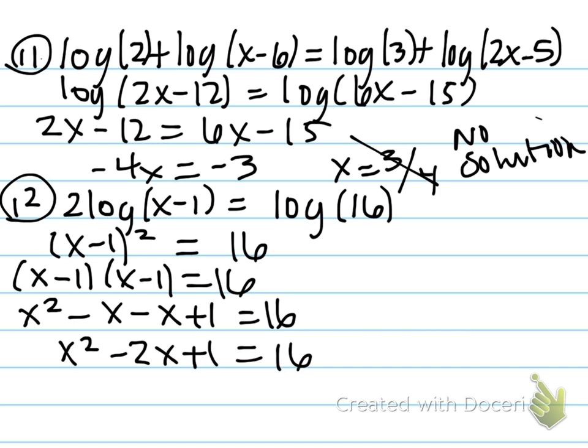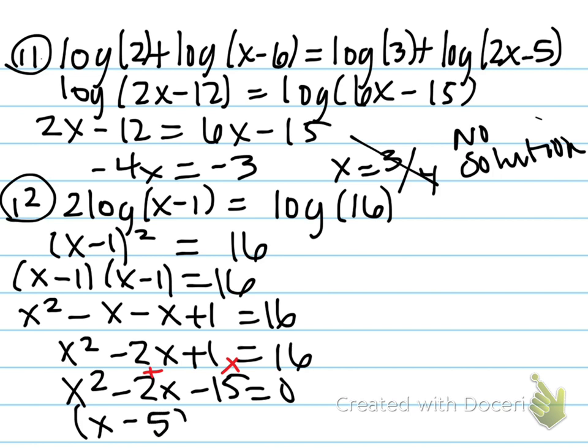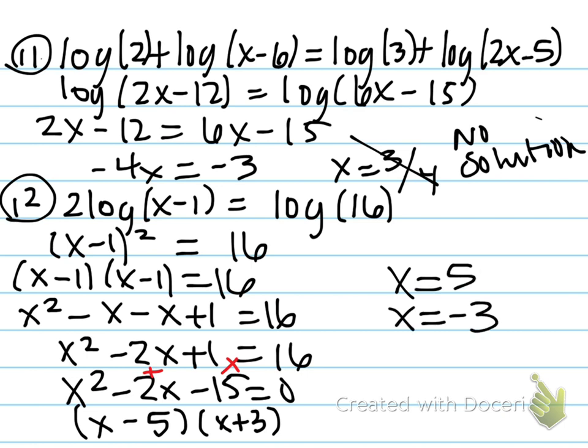Now, this is a quadratic, so I'll need to subtract 16 from both sides. And I need factors of 15 that multiply to be negative 15 and add to be negative 2. So again, we want to multiply to get negative 15, add to get negative 2. So I'm going to have x minus 5 and x plus 3. So I'm going to have x equals 5 and x equals negative 3.